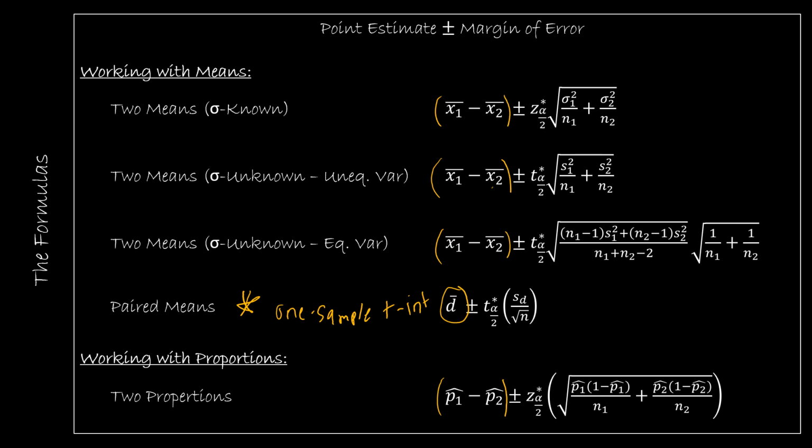Now, as you can see, the right side, the margin of error, also got a lot more complicated. So we're still using the same Z star or T star in the same situations, but now because I have two standard deviations, two sigmas or two standard deviations of the sample, things will get a little bit more complicated. But again, we're just going to use these formulas and make Excel do all of that work for us. So you might look at this and feel a little bit overwhelmed because there's just kind of a lot going on.